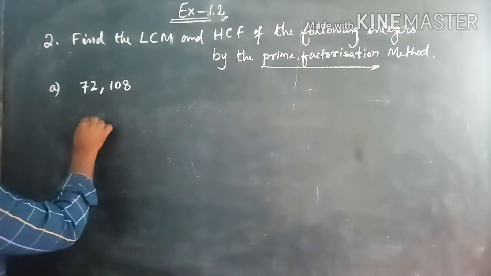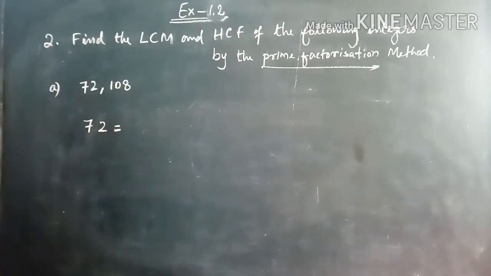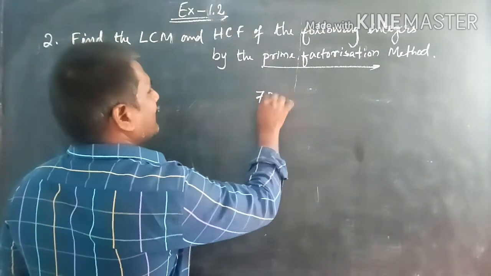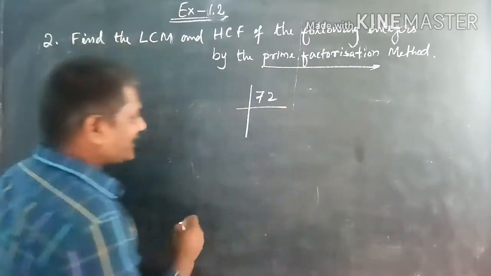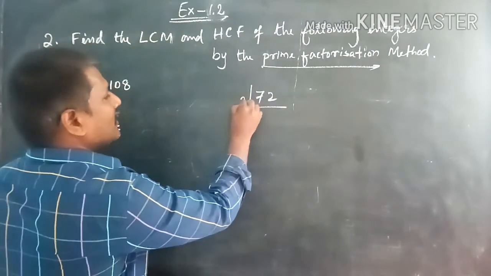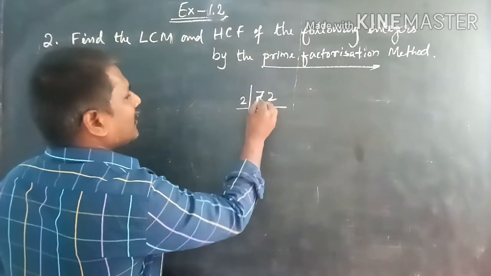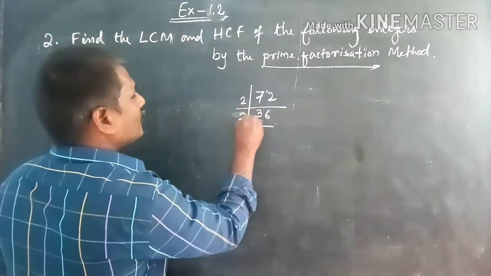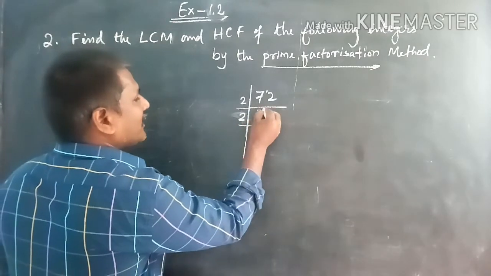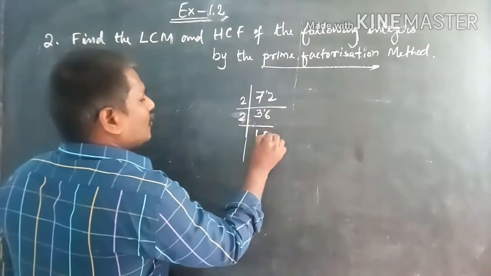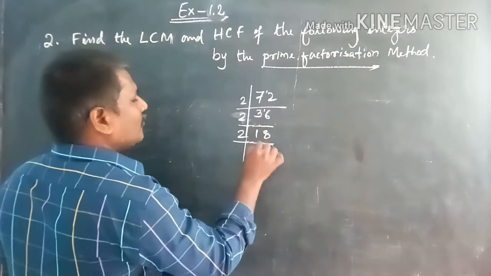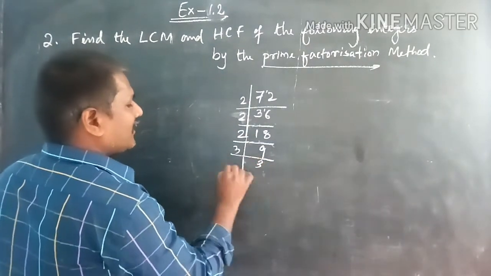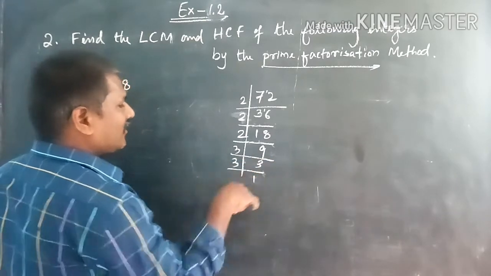Let us start with 72, the first number. We can find the prime factors of 72: 2 threes are 6, 2 twos are 4, 2 fours are 8, 2 eights are 16, now 2 nines are 18, now it is the 3 table: 3 threes are 9, 3 ones are 3, next the 3 can be written as 3 ones.